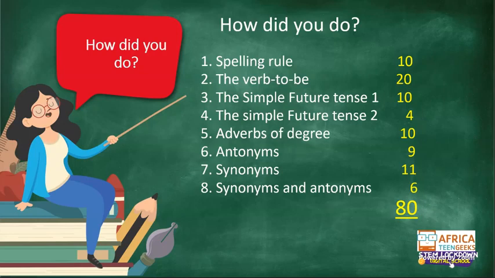Molly, did you want to say something? Your hand was raised. My mark is 80 out of 80. Wow, very good, Molly. Well done, everybody. I'm very proud of you all.